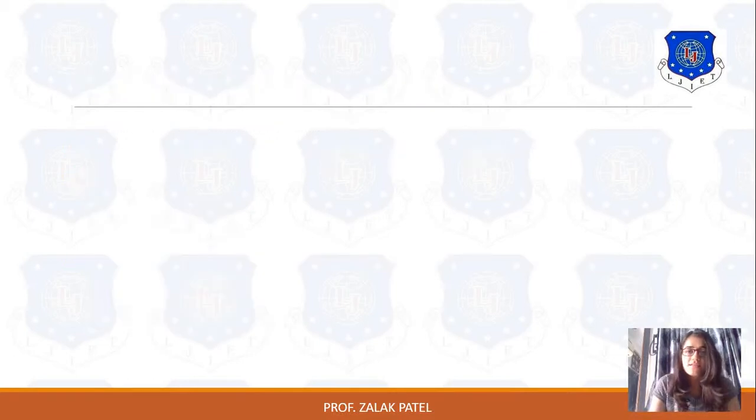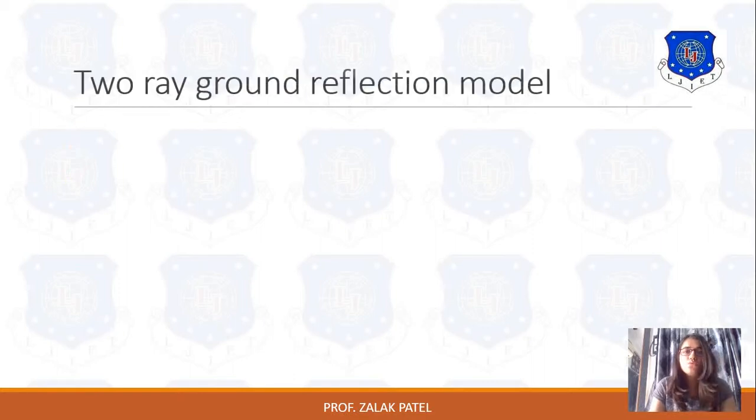Now the next is the two-ray ground reflection model. We already discussed the first model, the free space propagation model. It also has its limitations.